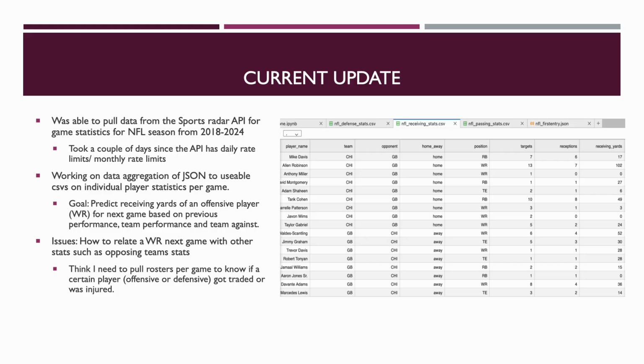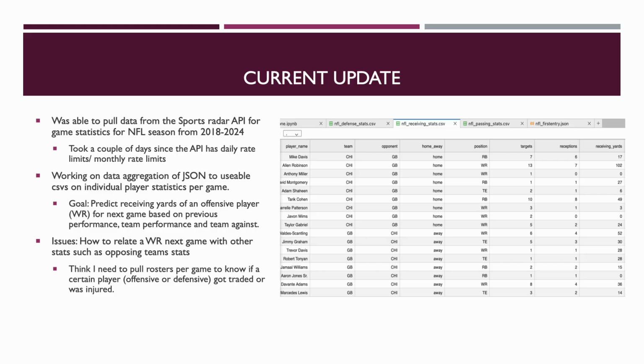As of right now, I was able to split each season, each game and player by their different stats, such as receiving stats, passing stats, defensive stats, and rushing stats.